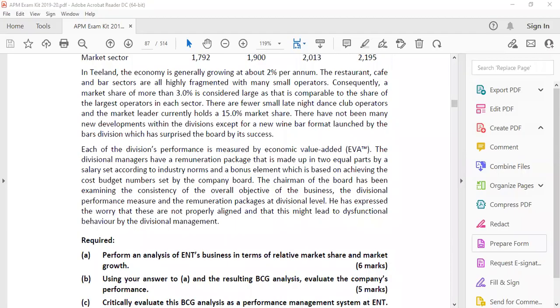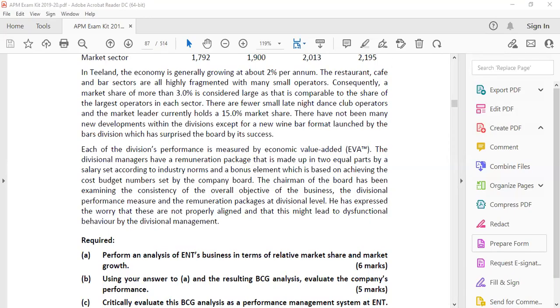In Thailand, the economy is generally growing at about 2% per annum. The restaurant, cafe, and bar sectors are all highly fragmented with many small operators. Consequently, a market share of more than 3% is considered large, as that is comparable to the share of the largest operators in each sector.